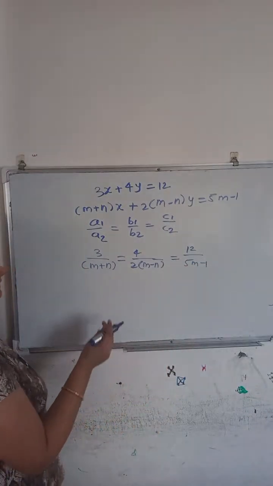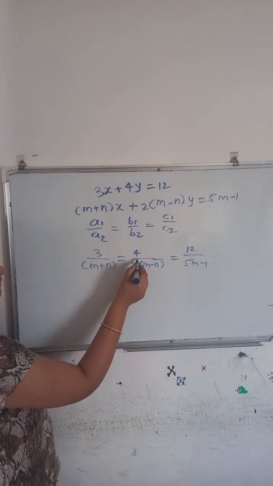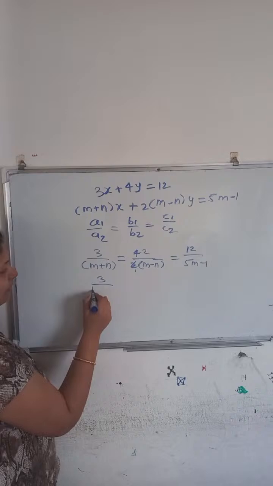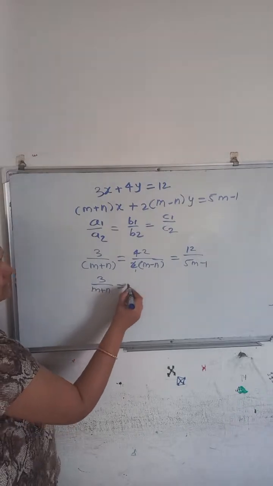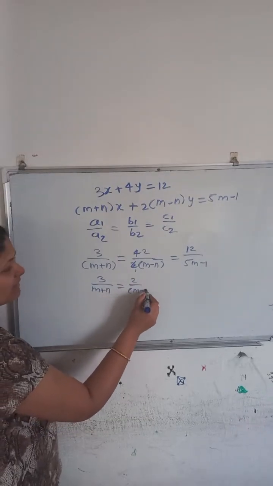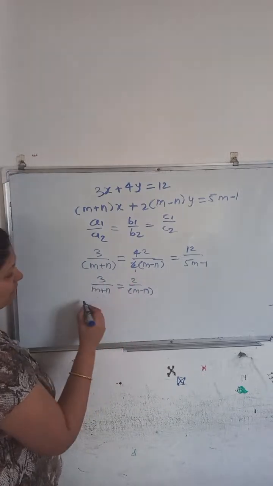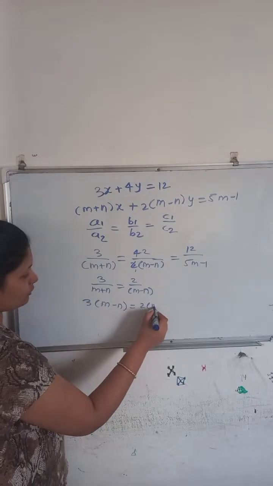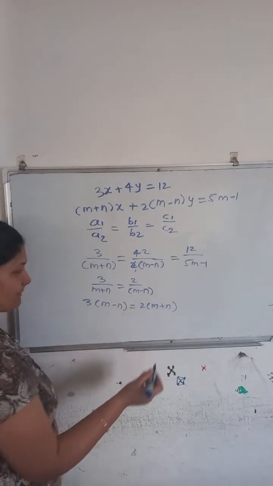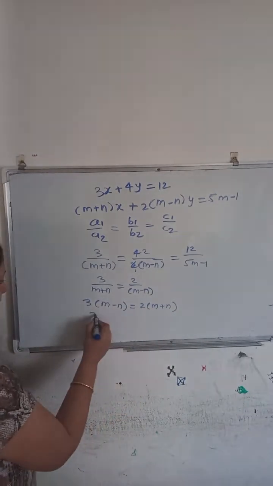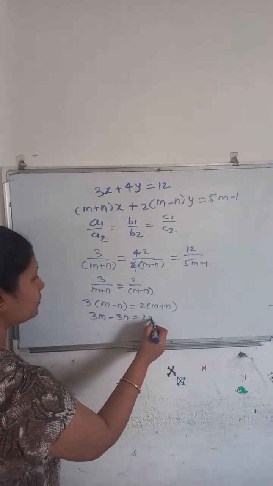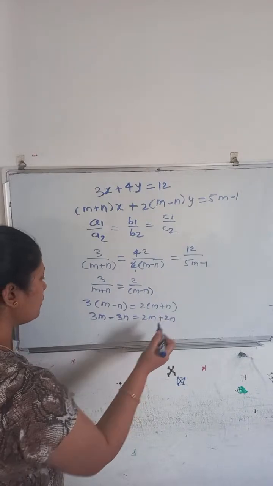So here what I will do, I will take this equation. Here 2 ones are 2 and 2 twos are 4. So 3 upon m plus n is equal to 2 upon m minus n. So cross multiply, 3 into (m minus n) is equal to 2 into (m plus n). Now multiply this, 3m minus 3n is equal to 2m plus 2n.